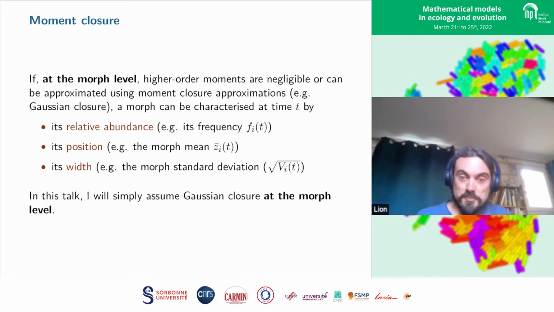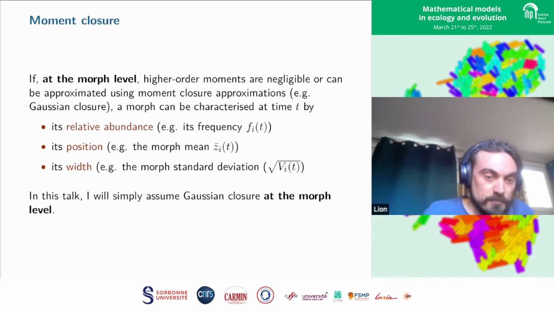So these three characteristics of a morph can be enough to describe the dynamics. That's at least the gambit we make. In this talk, I will simply assume a Gaussian closure at the morph level to simplify things, but you can imagine other moment closure approximations if you wish.